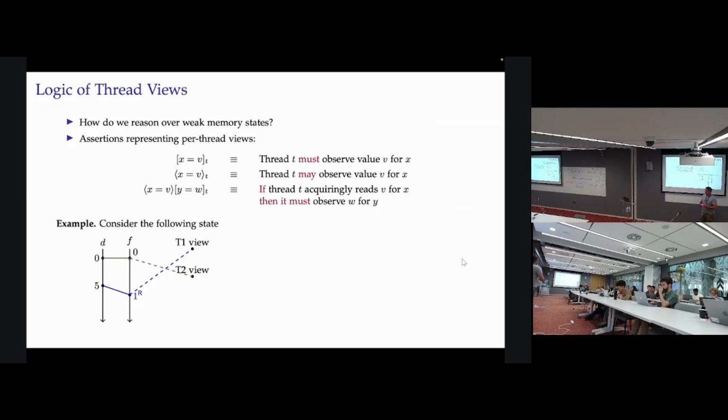True or false? Yeah, it might read 0. So this was true, this is false.